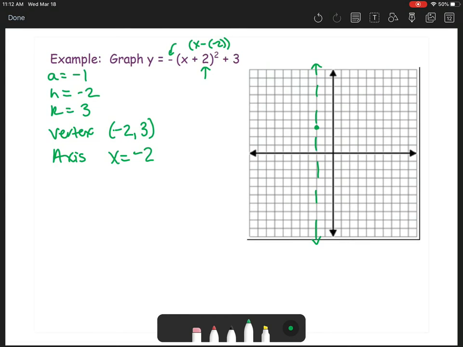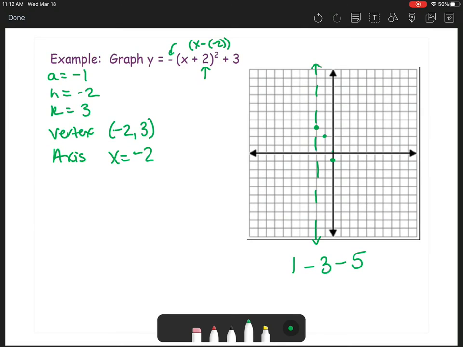So if you remember our shortcut of the 1, 3, 5 rule, that gives us more points. It's always right 1, and then in this case down 1, because our 1, 3, 5 has to be multiplied by a. So it really should be a, 3a, 5a rule, but it's easier to say 1, 3, 5.